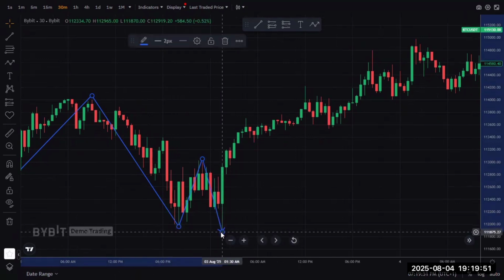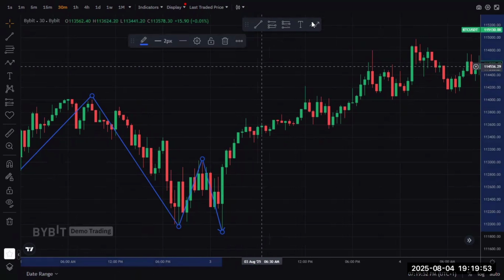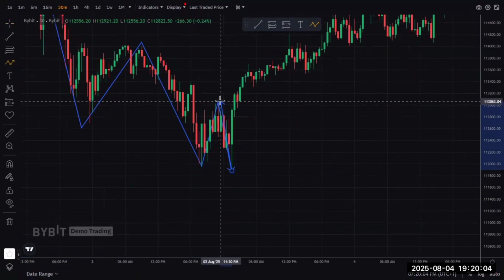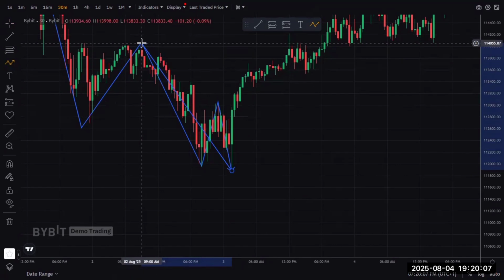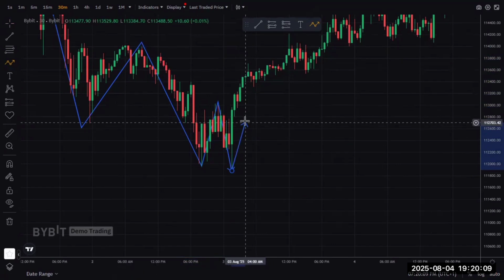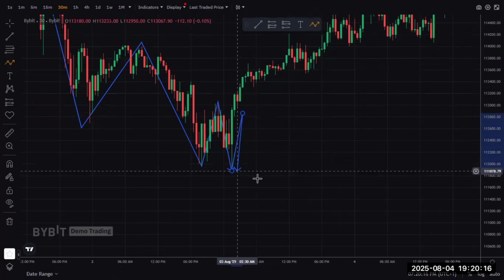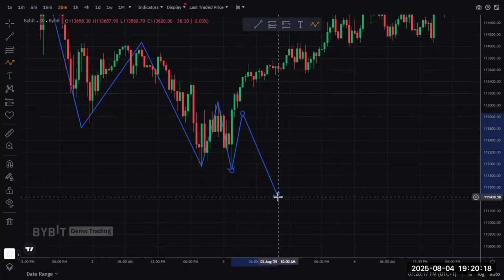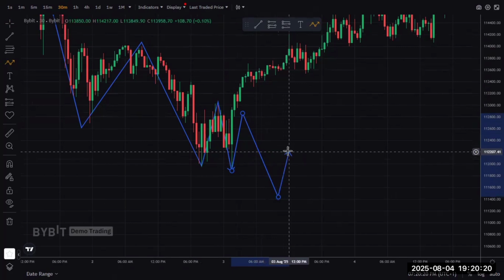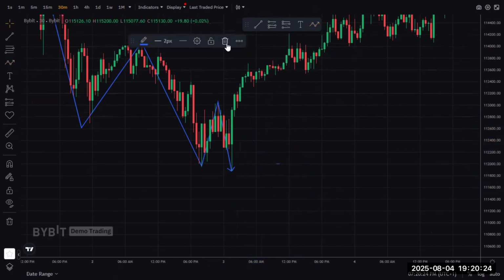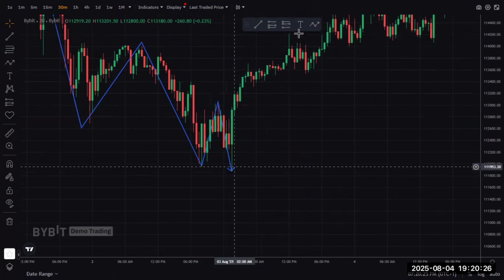But then, we expect price to come up like this, but not break here, and then continue downward like that to continue the trend. Rather, price refused to go down further.